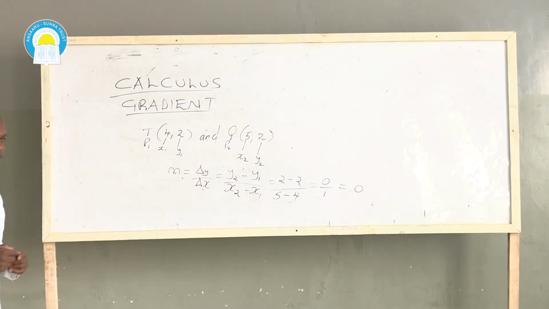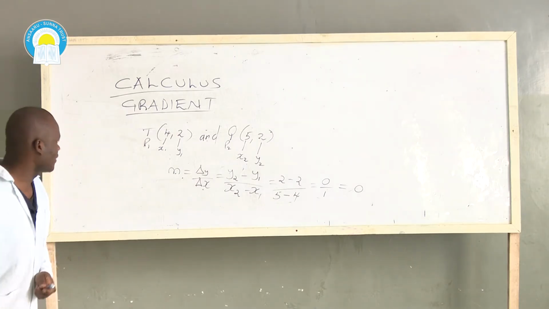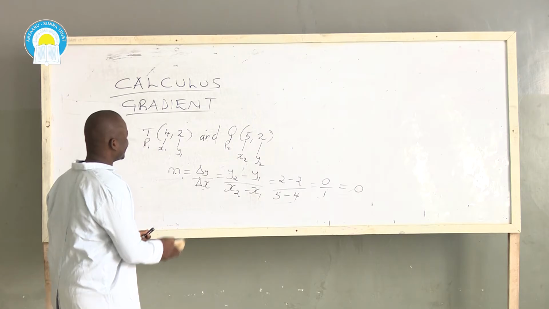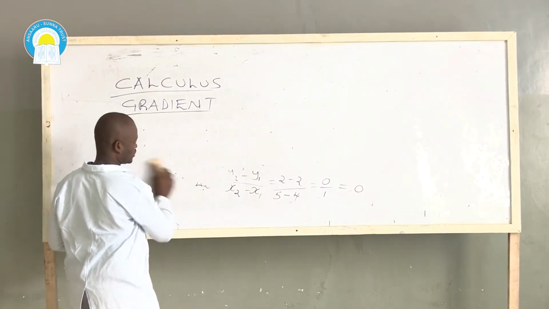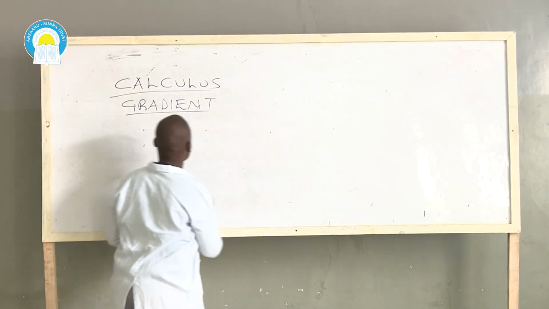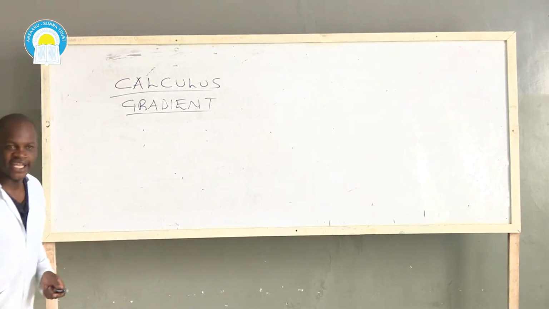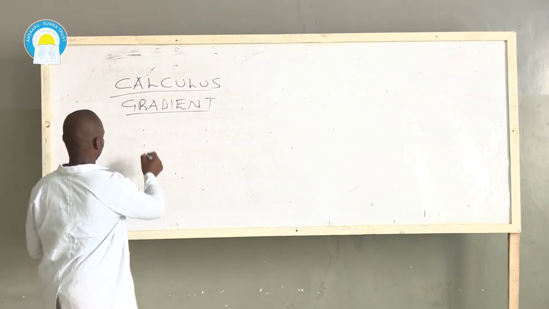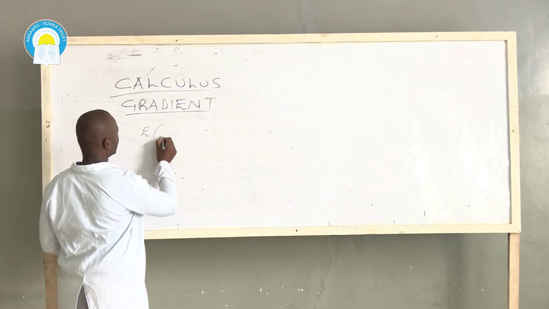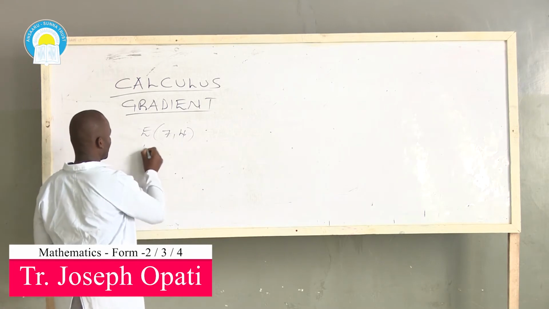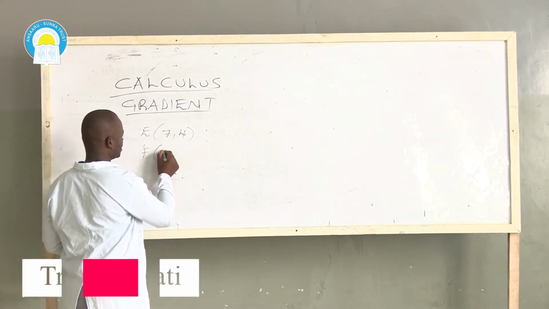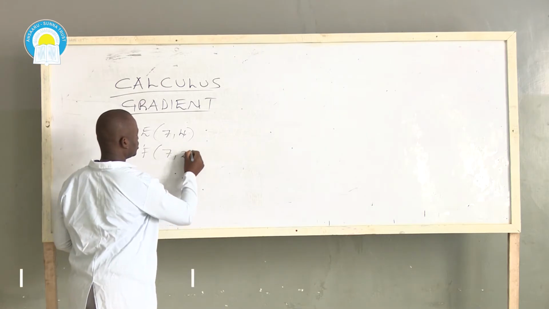Now we go to another example. Given another set of points, let's say point E with the coordinates 7, 4, and a point F with the coordinates 7, 2.